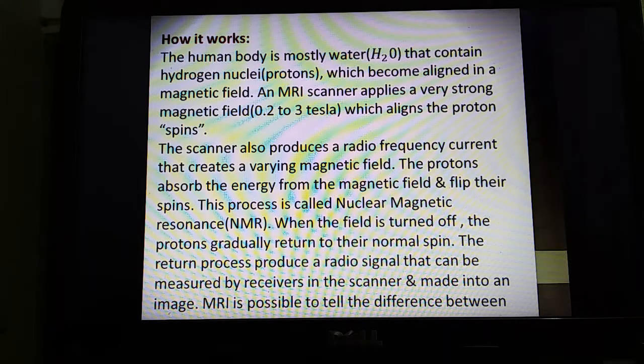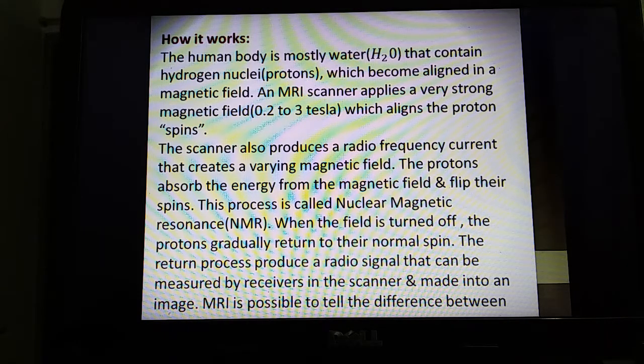The return process produces a radio signal that can be measured by receivers in the scanner and made into an image. That means the energy emitted by the protons while they are getting back to their normal spin is converted into a radio signal, and then it is made into an image.